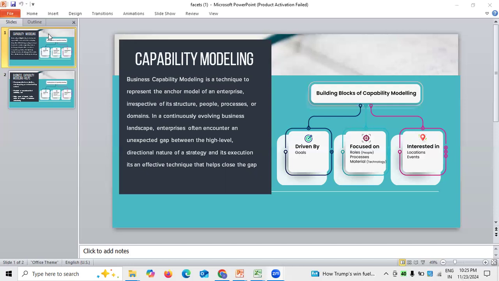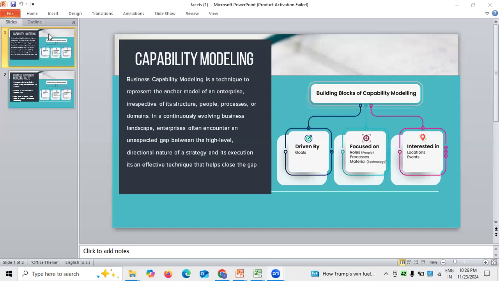So, to reduce the gaps between these two, the business capability modeling technique is something which we normally use, and it is useful as a strategy for us to execute. Majorly, it is useful to close the gaps between the business landscape and the enterprise.